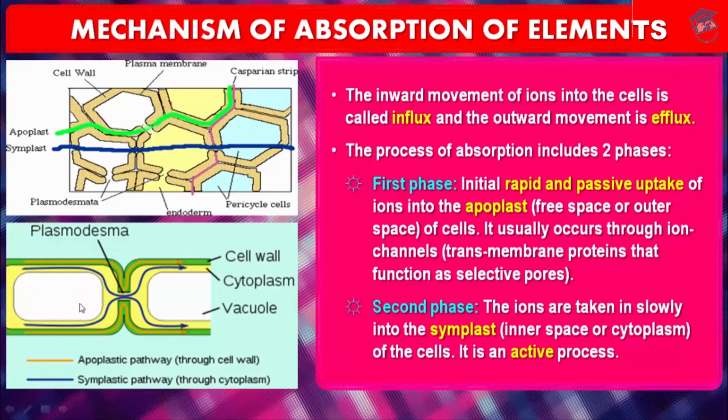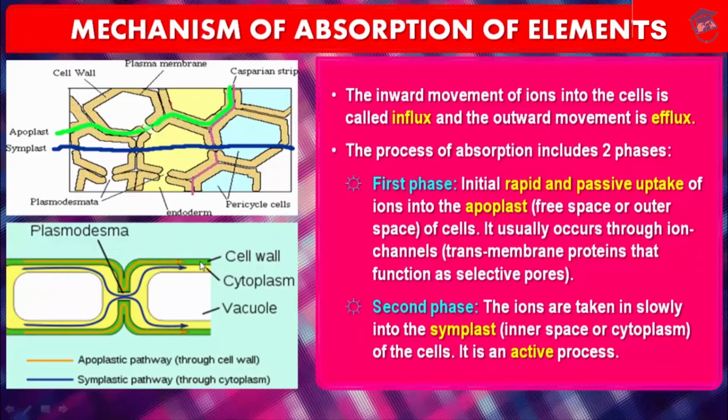These are two plant cells. This is the cell wall of the plant, and this is the cell membrane of the plant. This yellow one is your cytoplasm, and this is the vacuole of a plant cell, students. So this yellow line is showing the apoplastic pathway, that is, it goes through the cell wall.